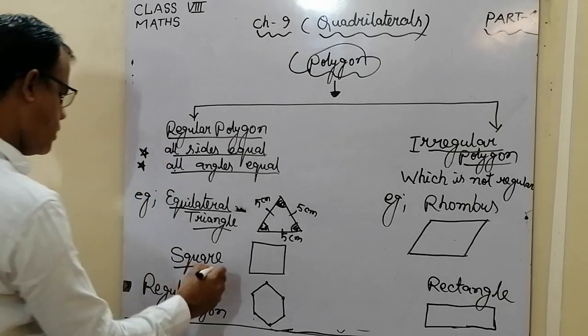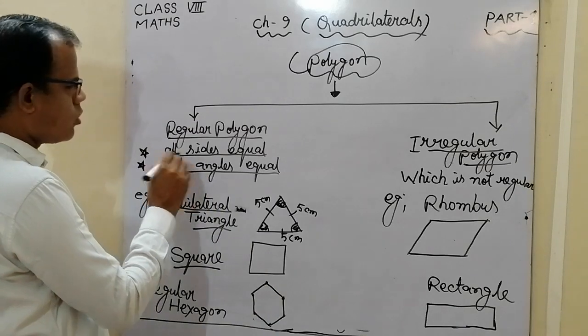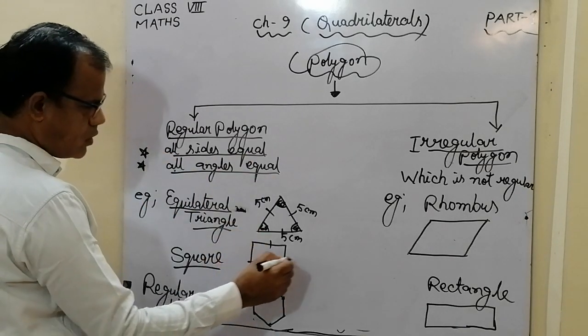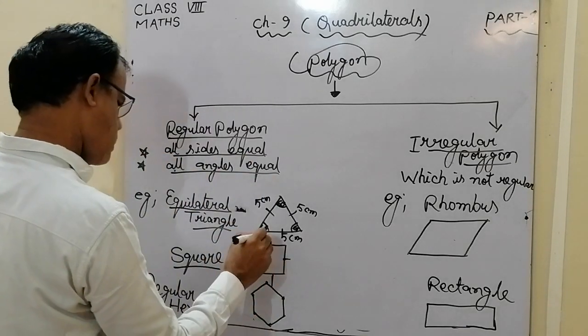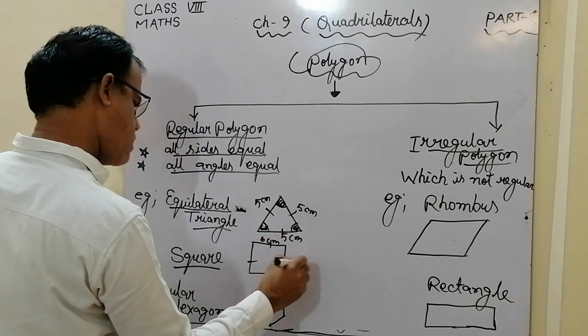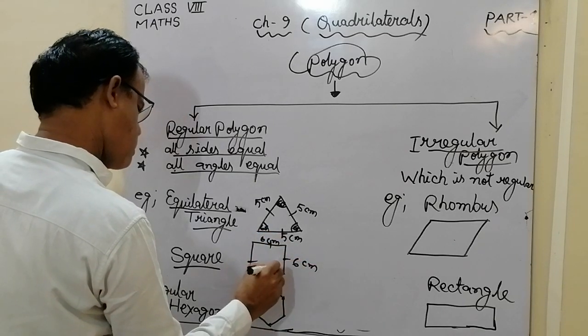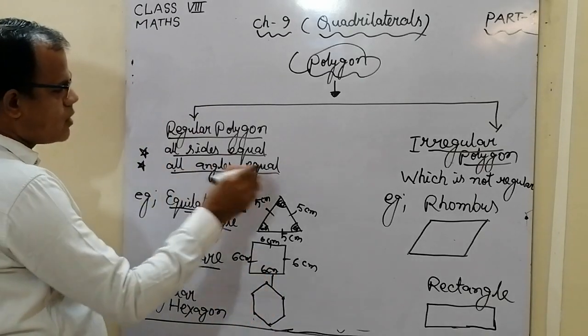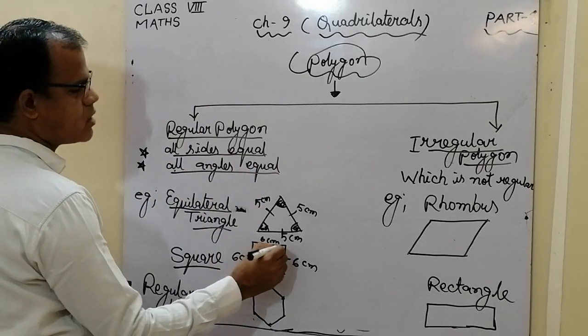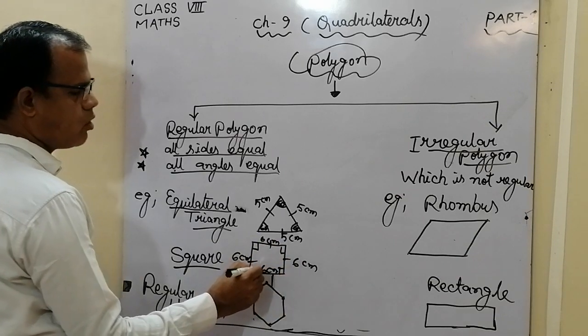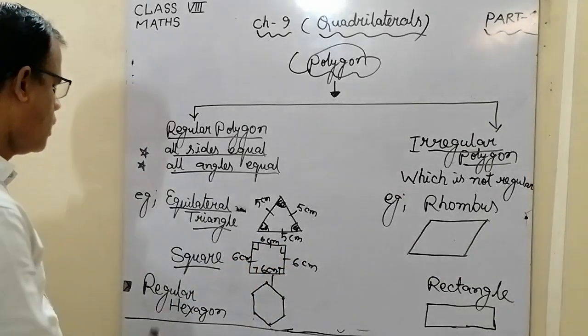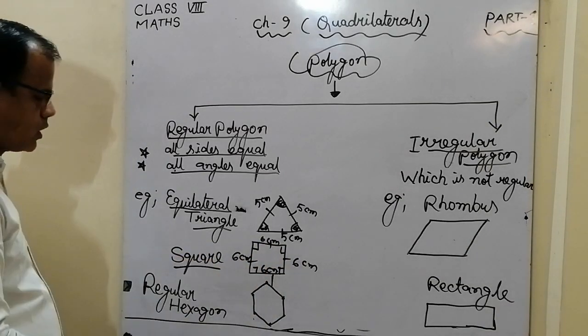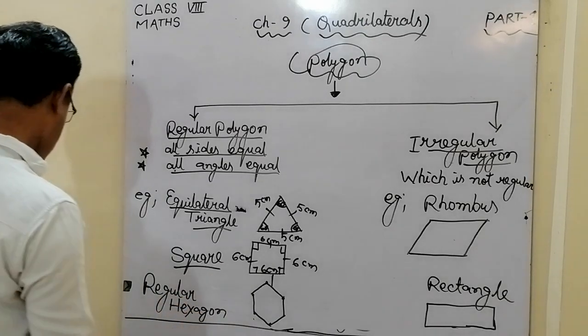Next, square. Here you see first all sides are equal. Suppose this side is 6 centimeter, so 6 centimeter, 6 centimeter, 6 centimeter, and this is also 6 centimeter, and all angles are equal, so this angle is 90. In a square all angles are 90 degree, so this is also a regular polygon. Next, regular hexagon.